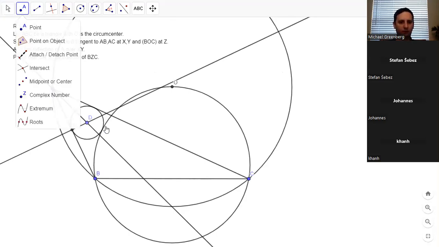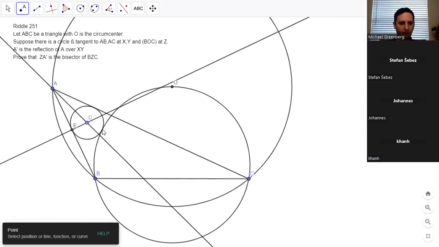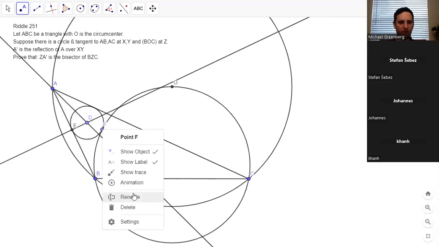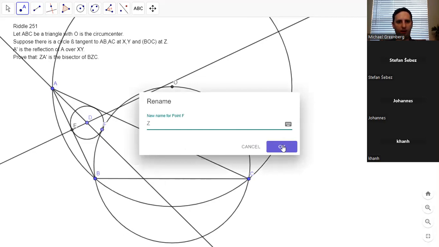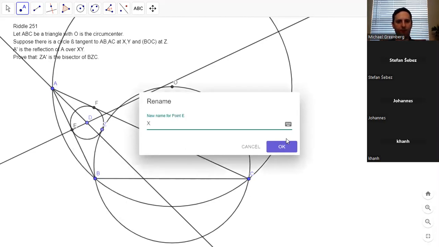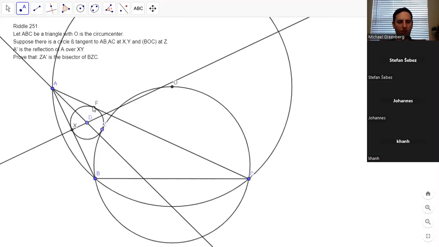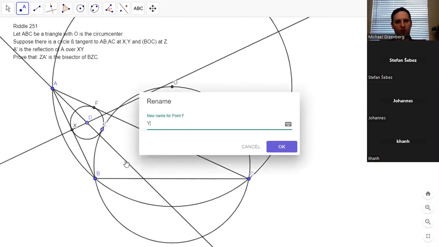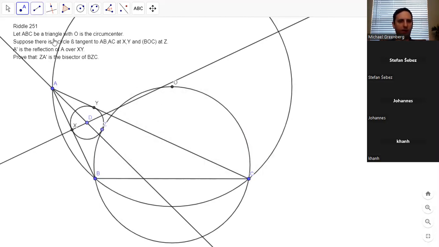So the two are tangent at a point Z, and we call the points of tangency X and Y. And we can reflect A over XY.